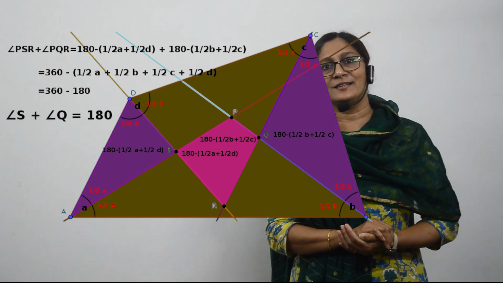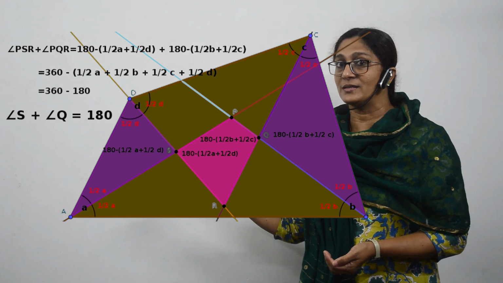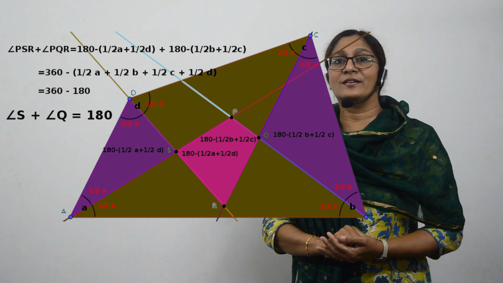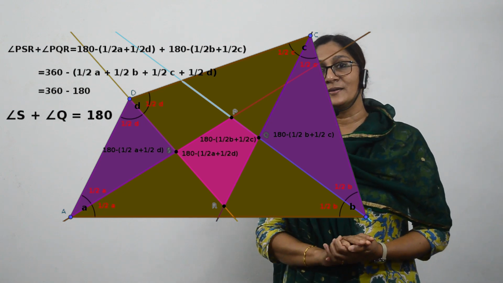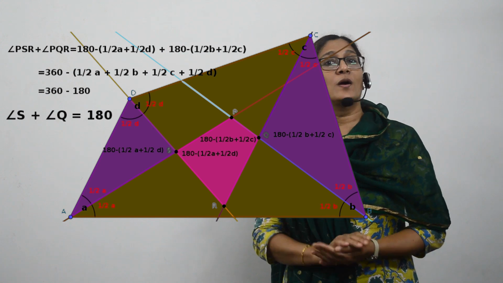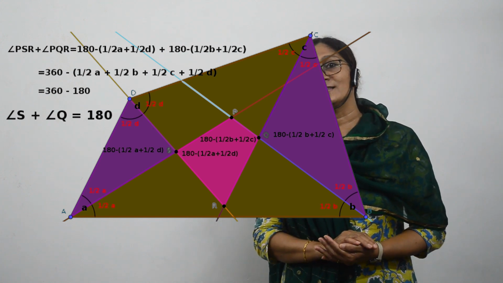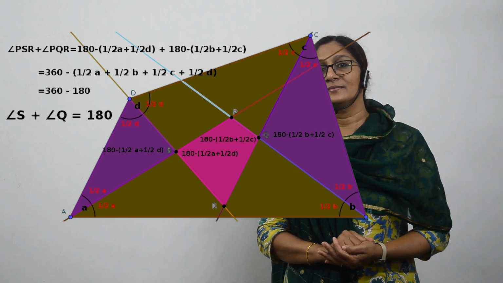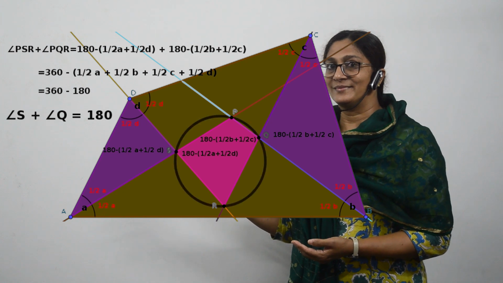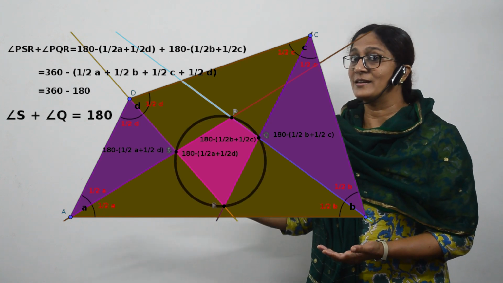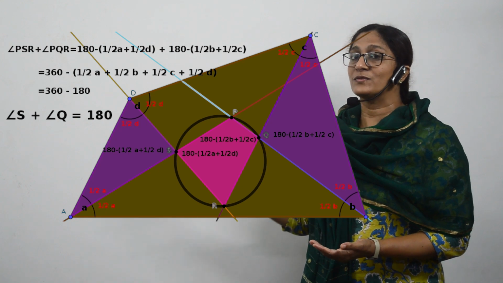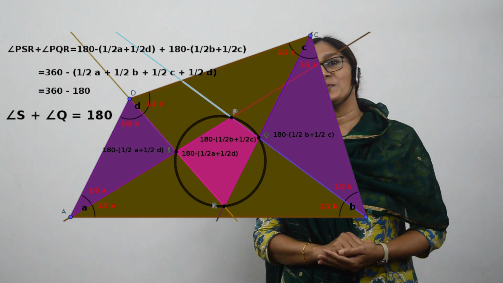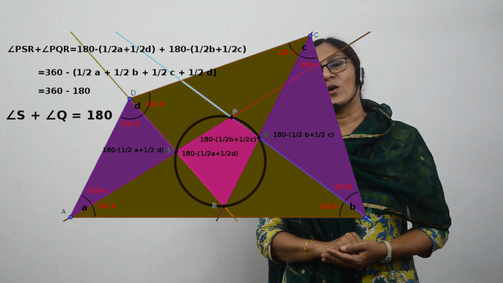Now what have we just seen? In the small quadrilateral PQRS, angle PSR plus angle PQR is 180 degrees. In other words, PSR and PQR are supplementary angles. Hence, the quadrilateral is cyclic, and therefore a circle can be drawn with its 4 vertices on the circle. Now you know why the points P, Q, R and S were on the circle.